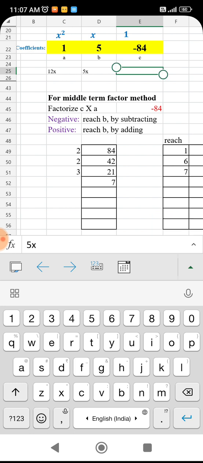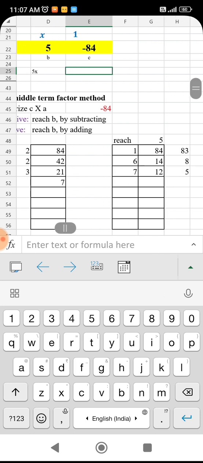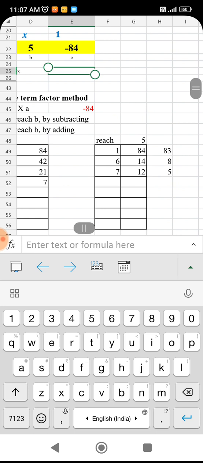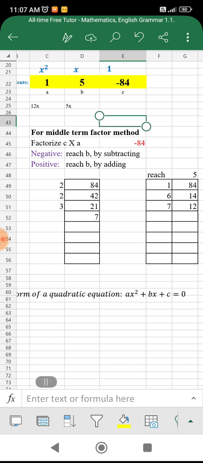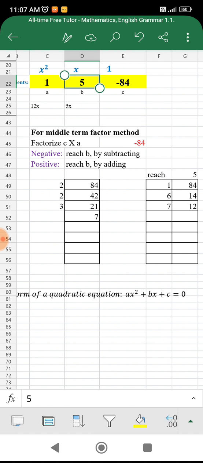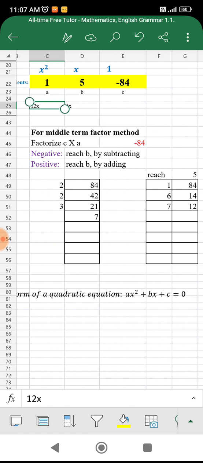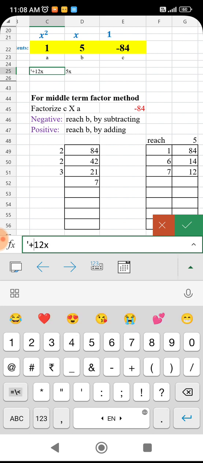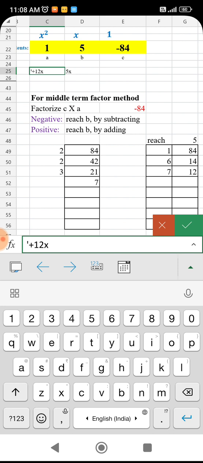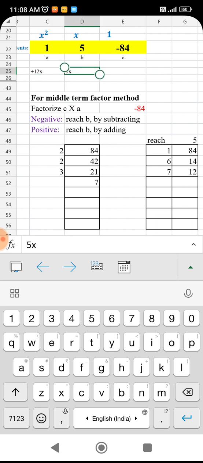Now check about the sign. Which sign will it be, plus or minus? B is positive, so this should be positive. And what should be the sign of 5x?